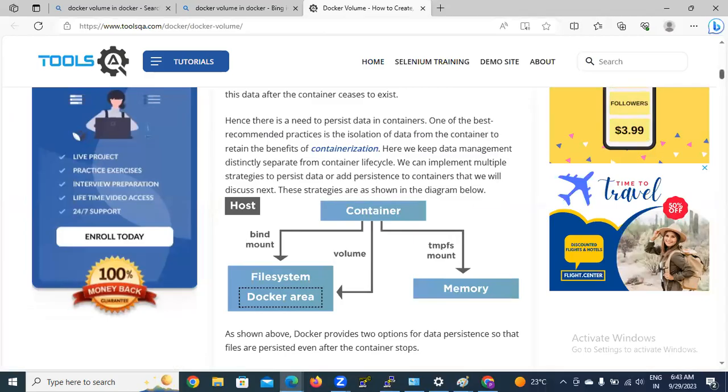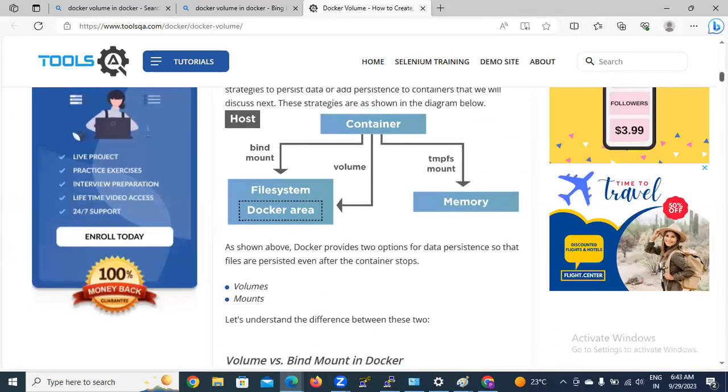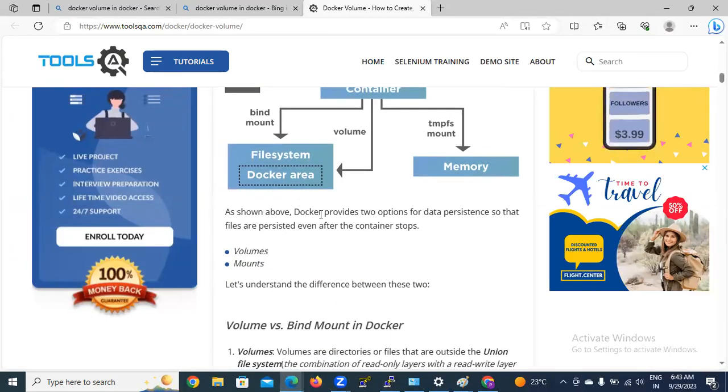First of all, we have to understand this. Docker provides two options for data persistence, so that files are persistent even after the container is stopped.